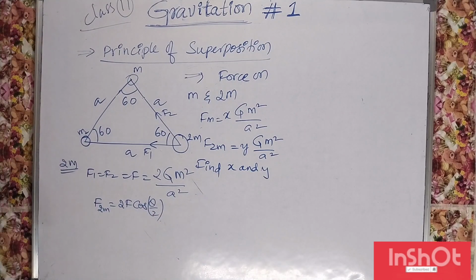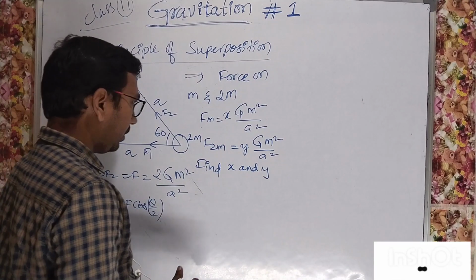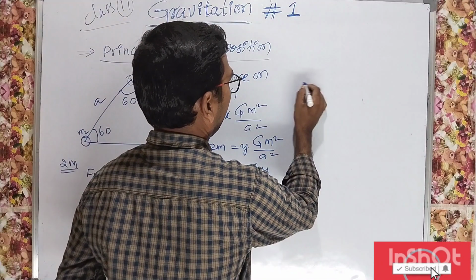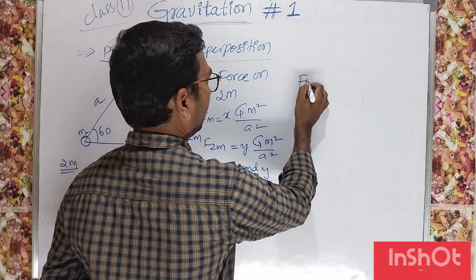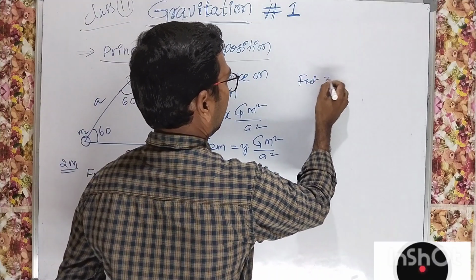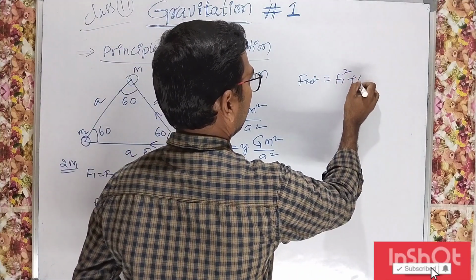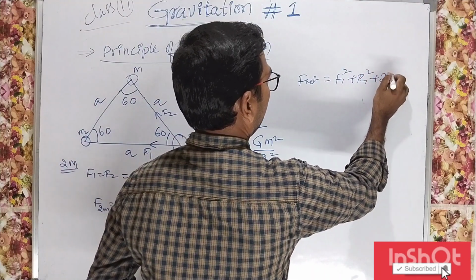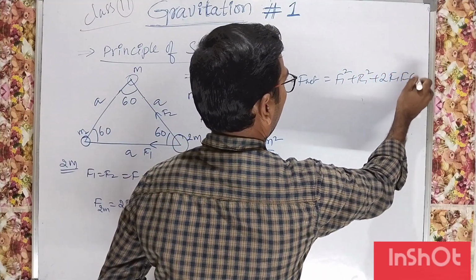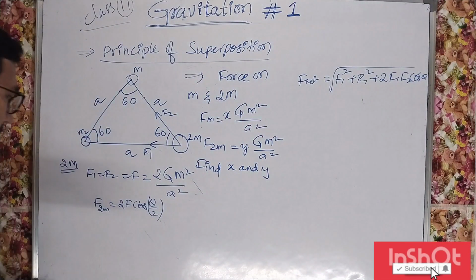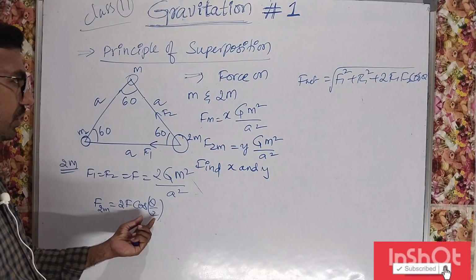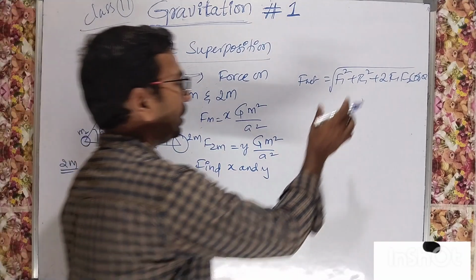Why? Because this is in vector form. We know the resultant force formula: F net is equal to root of F1 square plus F2 square plus 2 F1 F2 cos theta. By using this, you will get F2m is equal to 2F cos theta by 2, in case your two forces are equal.